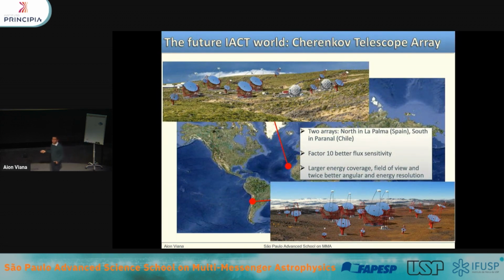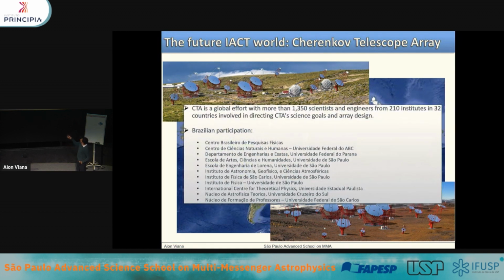I hope that you also heard a lot about CTA, that it has started its construction. It's expected to have 2 arrays, in the north, in La Palma, and in the south here in Chile. We expect a factor of 10 better flux sensitivity, larger energy coverage and field of view, and twice better angular resolution and energy resolution.